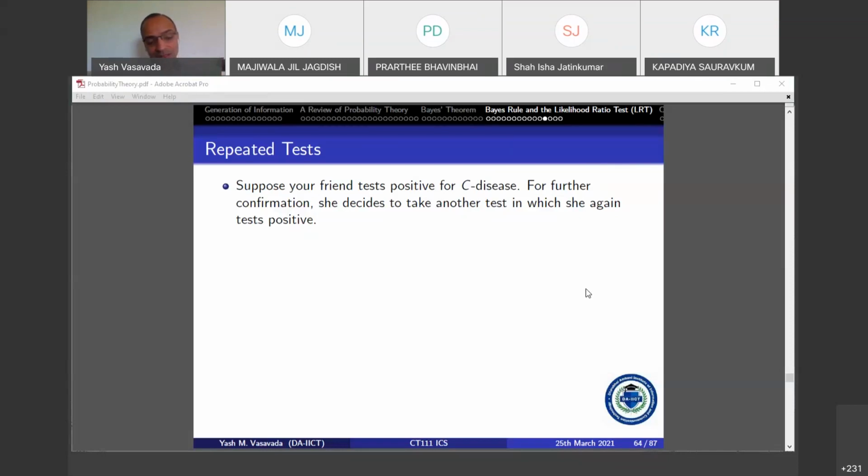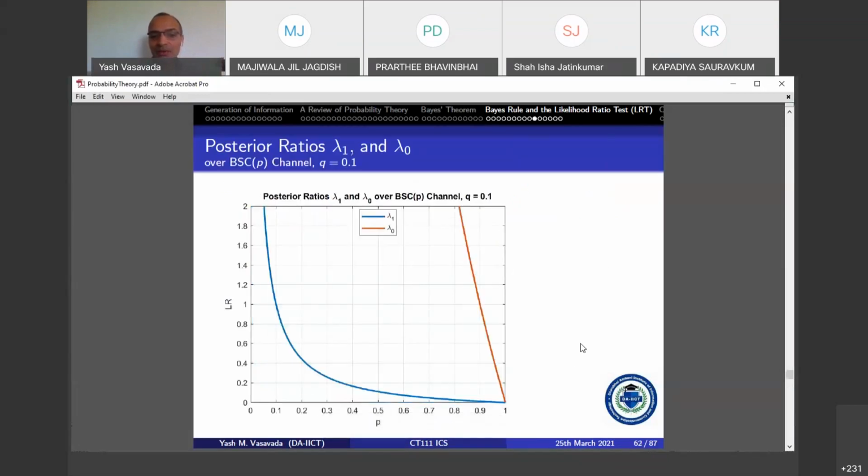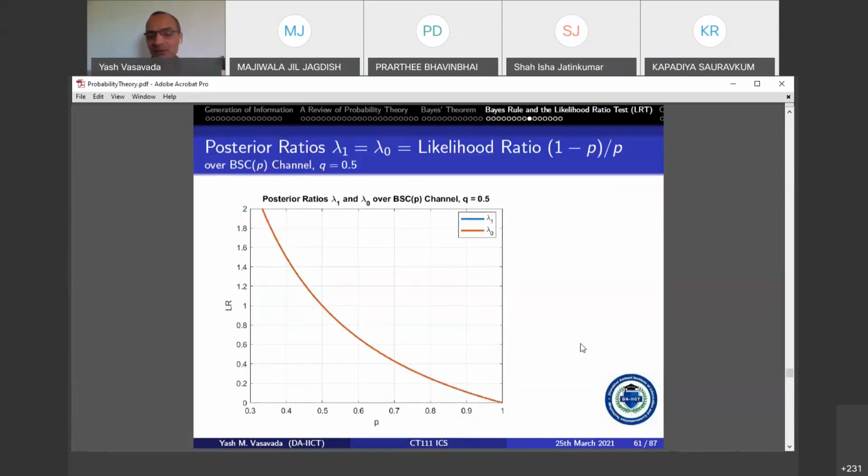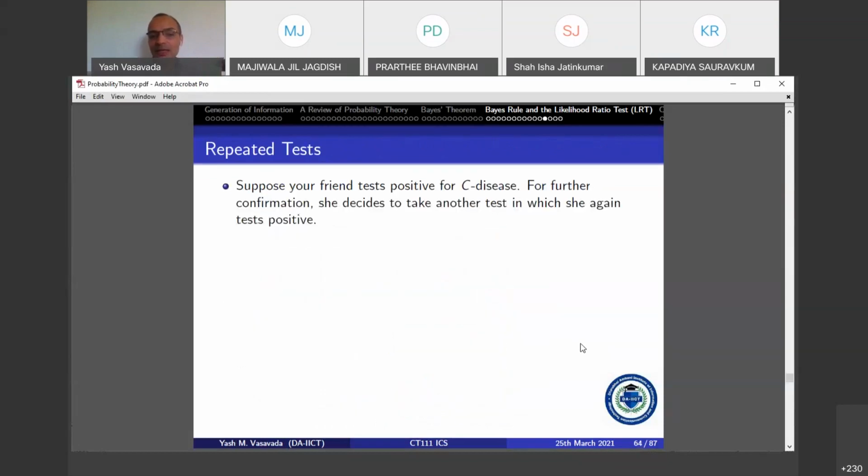And that is how you want to think about this lambda 1, lambda 0, etc. Why would somebody go for a second test? Well, the reason is that they want to climb up or down this red colored curve, or the blue one. They want to get a strong belief.